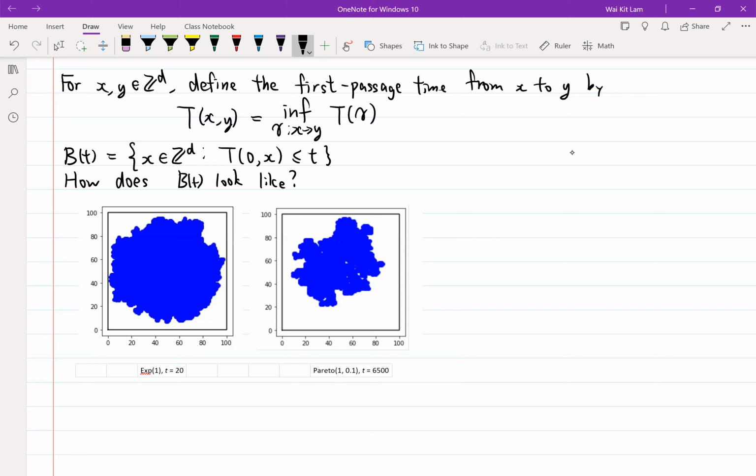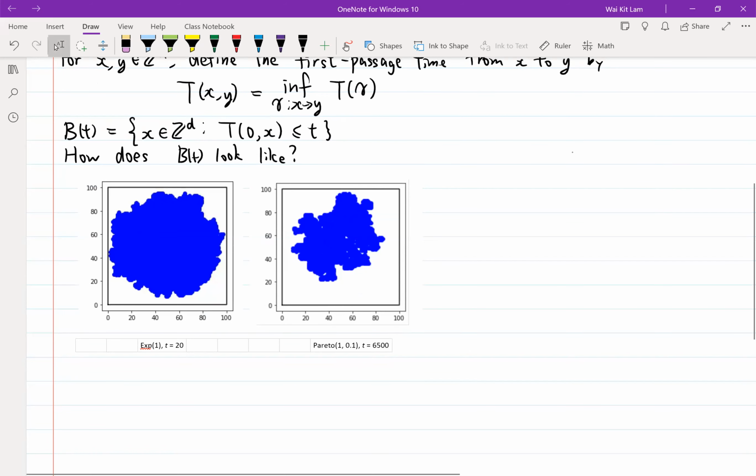Just from these two pictures, you would imagine that B(t) might look different if you consider a heavy tail distribution. Basically more holes will be present in this case. For a light tail distribution like the exponential distribution, you will see some region like this, and you couldn't quite see holes.